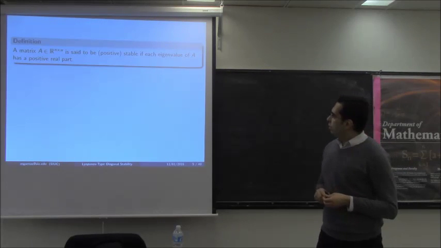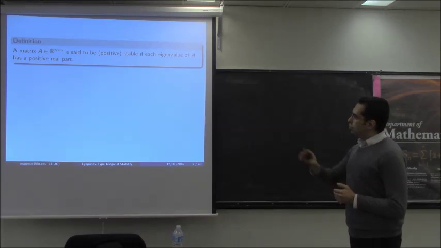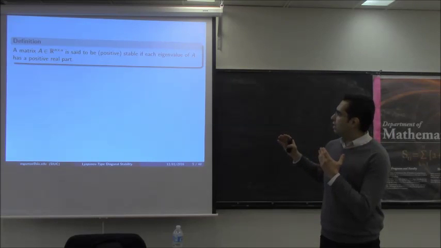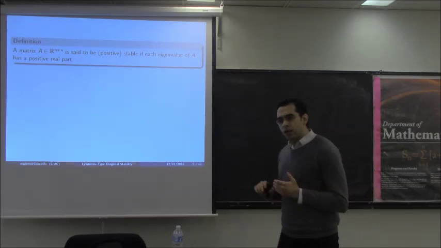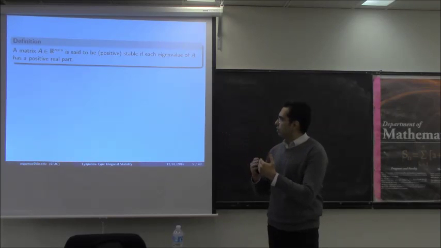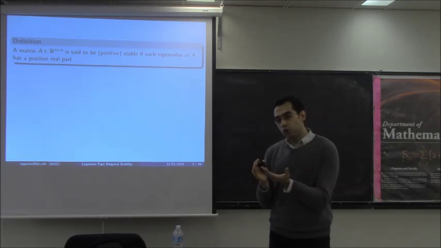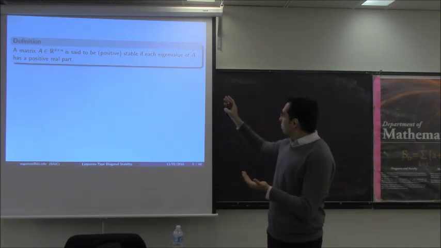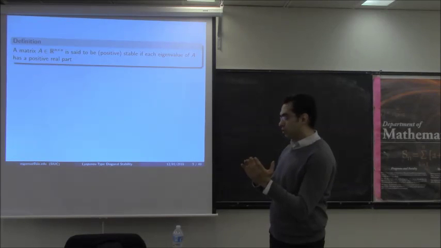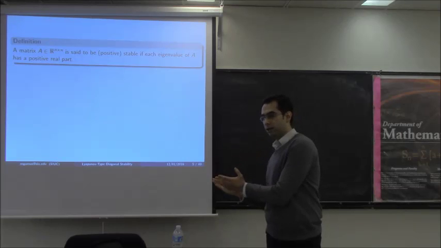Let me define the positive stability here that we will mainly use. That means each eigenvalue of A has a positive real part. Actually, the motivation behind this subject is the constant coefficient system of differential equations, where all the eigenvalues of A have negative real part.